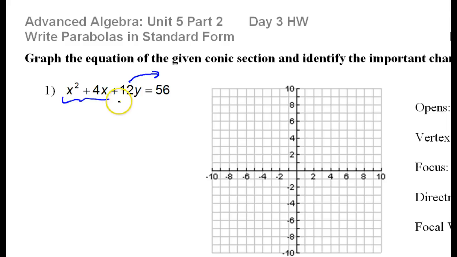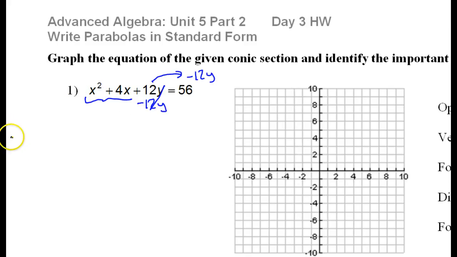So with that in mind, I am going to subtract 12y from both sides. That way these are gone. Now, I have x squared plus 4x, and I'm going to leave a space because I'm going to have to complete the square here. And then over here, I'm going to have negative 12y plus 56.